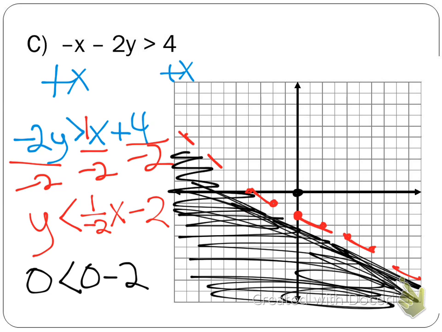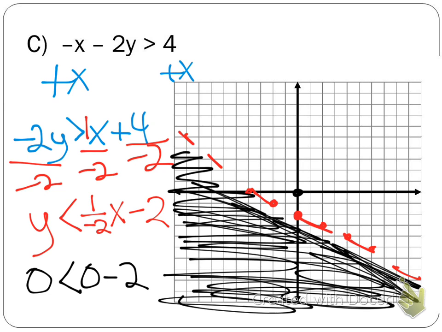Now, if you are a doubting man or woman, pick something over on this side. So like 0, negative 4.